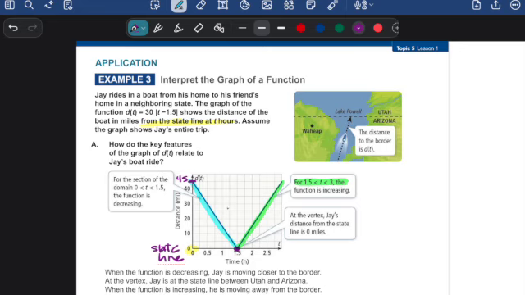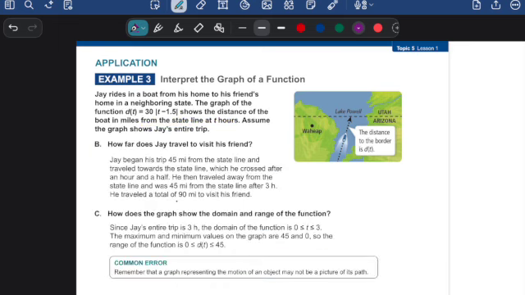He's getting closer to the state line, and then he goes another 45 miles to get to his friend's house. So he travels a total of 90 miles, 45 miles to get to the border, 45 miles to get to his friend's house. It takes him 1.5 hours to get to the state line, and then a total of 3 hours to get to his friend's house.